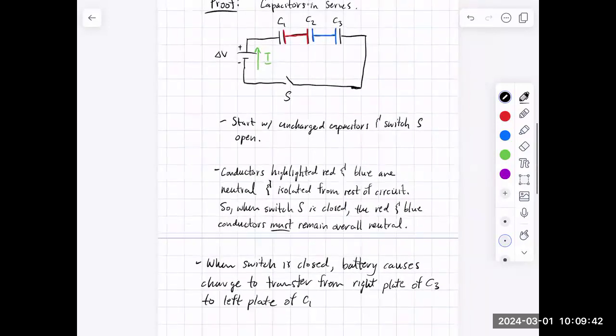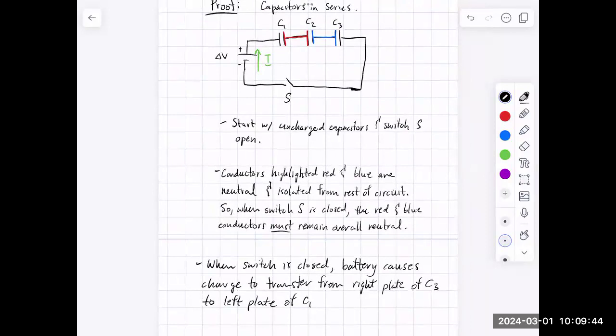Okay, so what we know is going to happen is we'll start getting some positive charge over here, and we'll start getting some negative charge over here. So we'll put minus Q over here, we'll put plus Q over here.